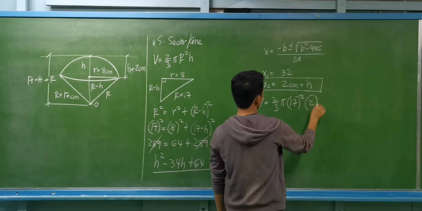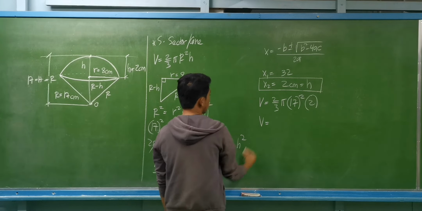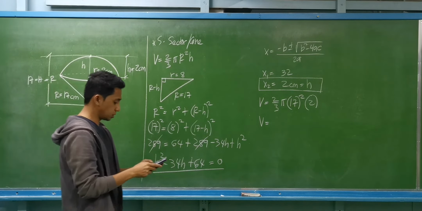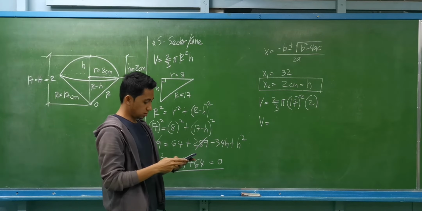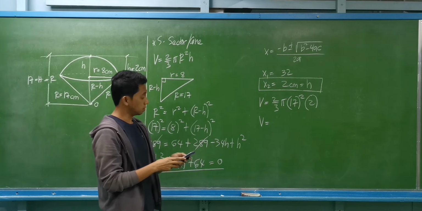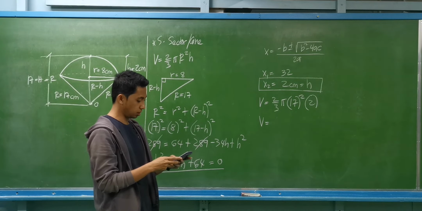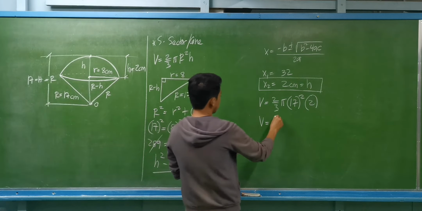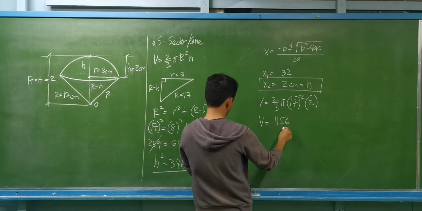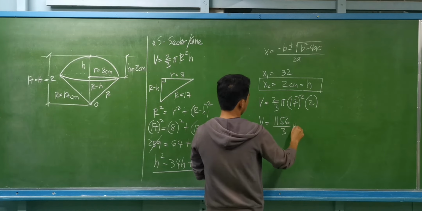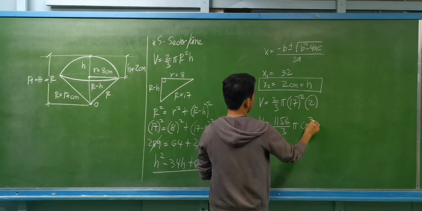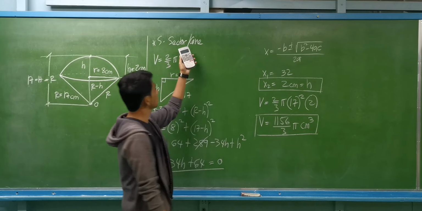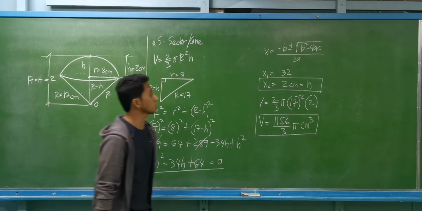So the volume of the spherical sector is 2 over 3 pi multiplied by 17 squared multiplied by 2. This is equal to 1156 over 3 pi, in cubic centimeters. So this is the volume of the spherical cone, or the spherical sector.